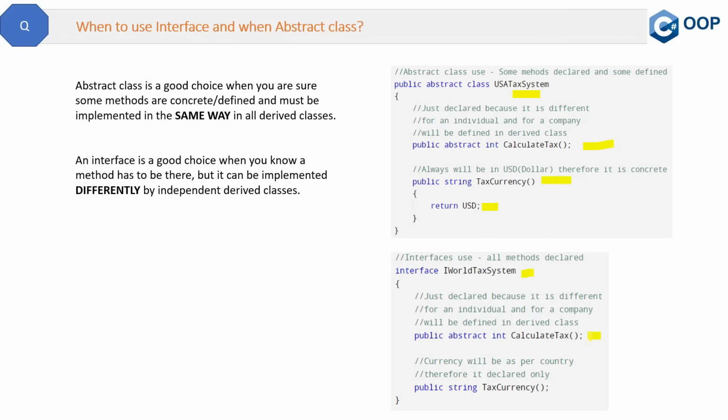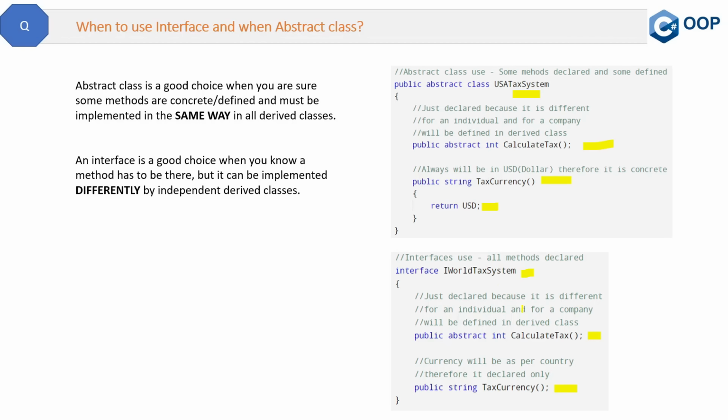For individual and company the taxes will be different. But here in this interface the tax currency method is also only declared, because different countries will have different currencies, and that's why you have to implement this in the derived class, not here, because it cannot be implemented here because the dollar is not the currency of the world. Some countries can give in their own currencies, so that is the use case.